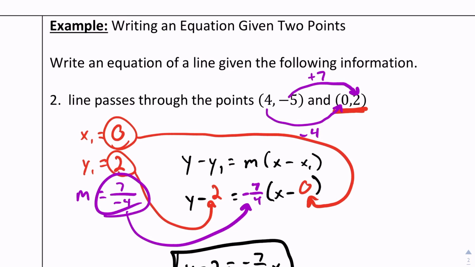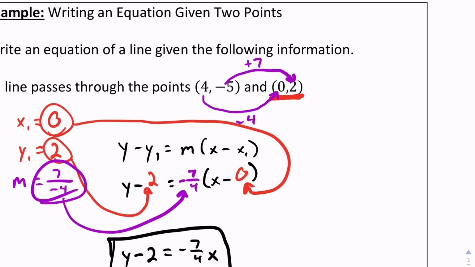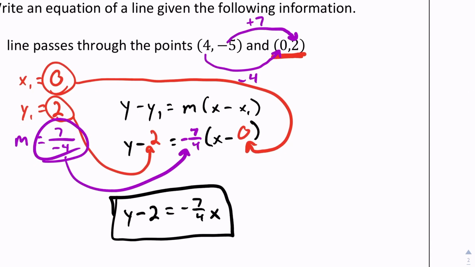Now, some of you might be asking, well, Mr. Cruz, how come you don't use 4, -5, that point? Well, you can, because you're going to get the same line. Because if I add the 2 over in this equation, I get the slope-intercept form of that.